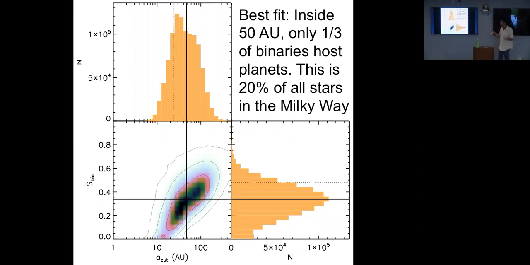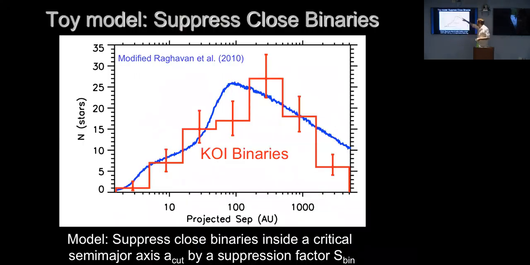And you end up suppressing about the same number of companions in our sample. You make basically an identical curve for either extreme. But the total number of systems that are missing is just taken by the difference between that curve and that curve. So the actual fraction of all stars that are affected is pretty robust.